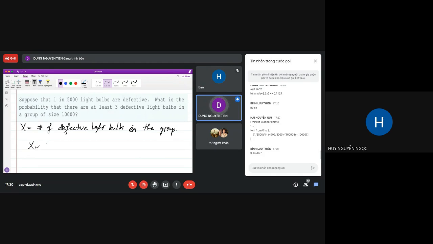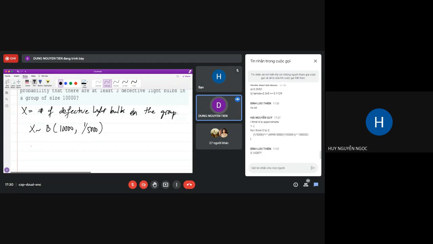X follows a binomial distribution, because you want to check 10,000 bulbs, so n is 10,000, and the defective rate is 1/5,000. Then you want to find the probability that X is at least 3, so you get 1 minus the probability that X is less than or equal to 2.